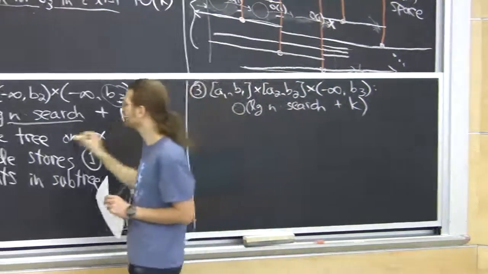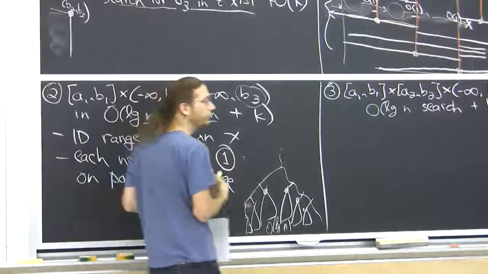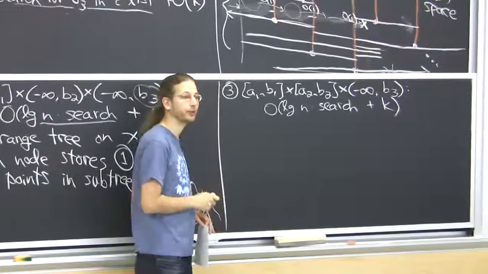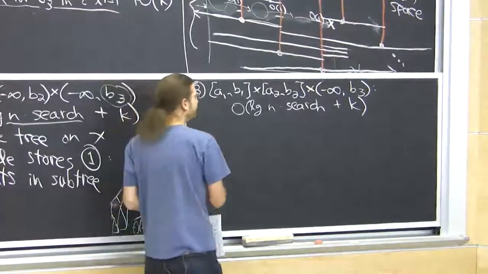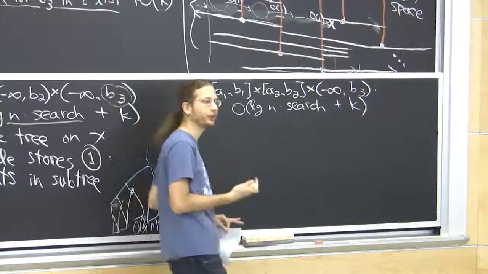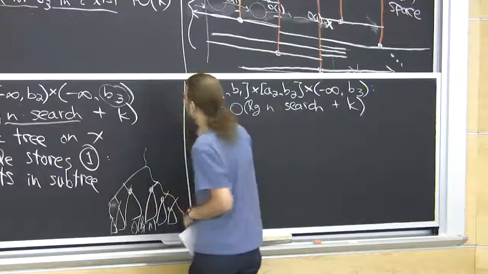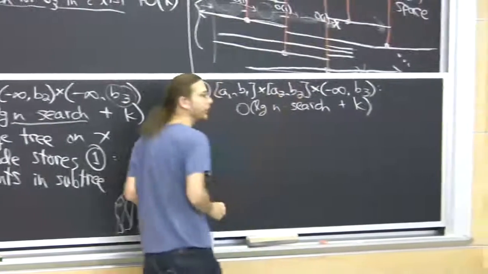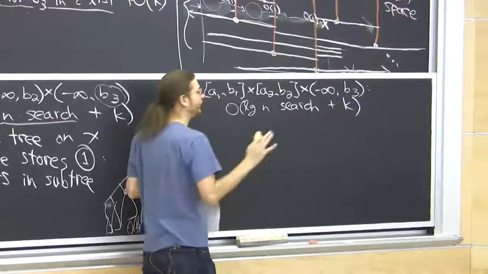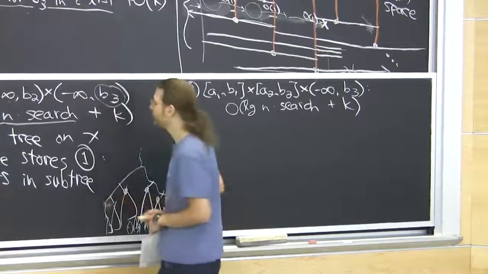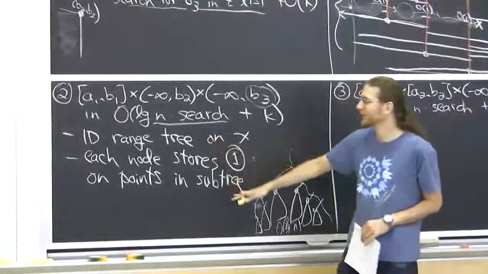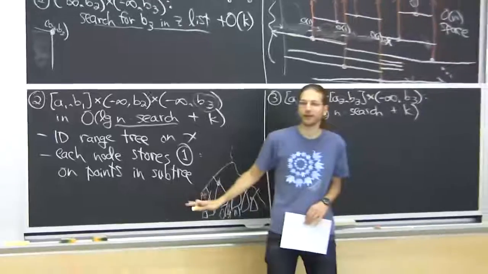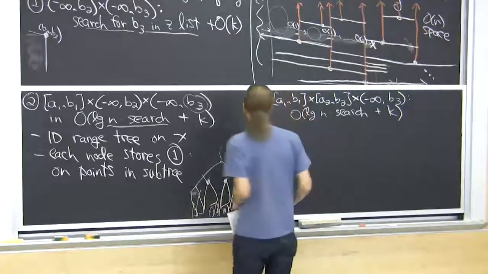So same time bound, I want to put in an A2. The cost will be a log n factor in space. And it's a cool transformation. It's a general transformation. Whenever you have a data structure that has a minus infinity, you can turn it into a lower bound magically. Okay, almost the same way as we did here, except we're not going to lose a log factor in time, only in space.